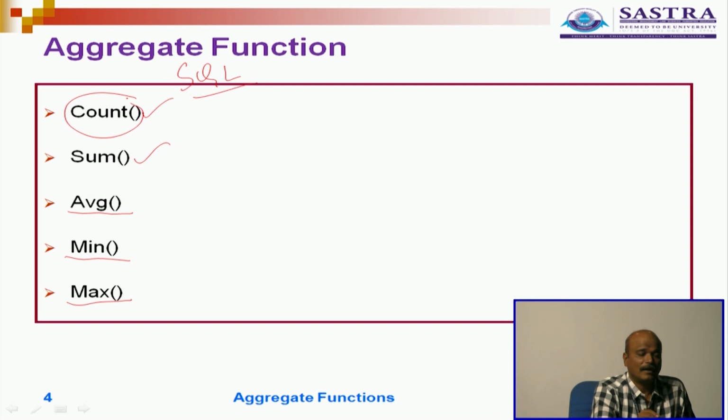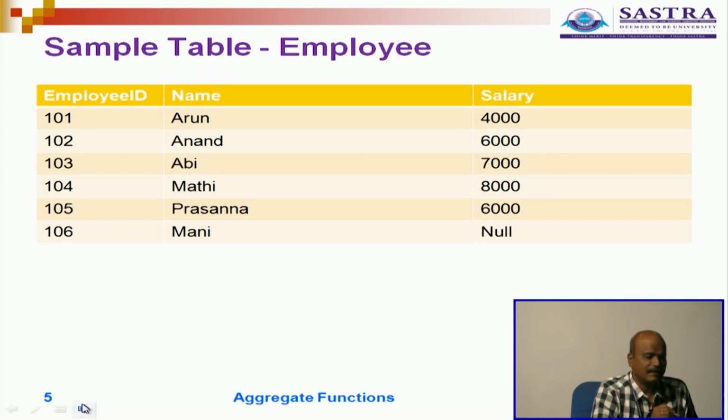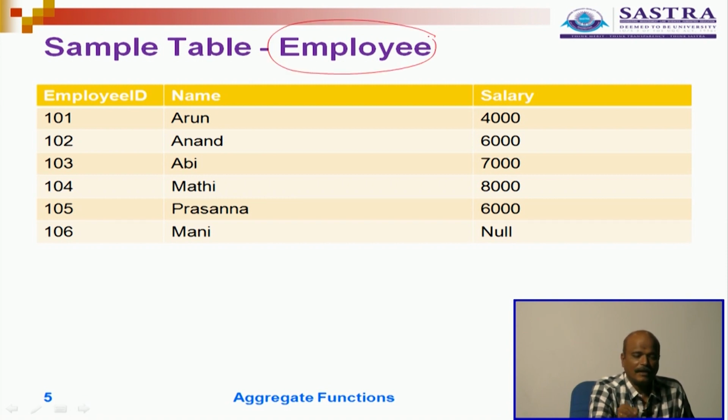Suppose you are having a table. Consider this example. I have a table, and the name of the table is employee. Inside this table, I have stored the information related to employees. I have 3 fields, or 3 columns.